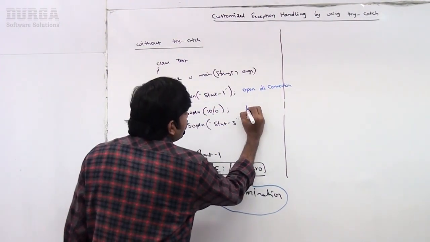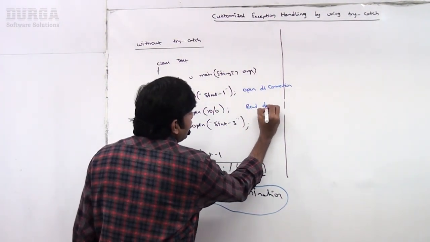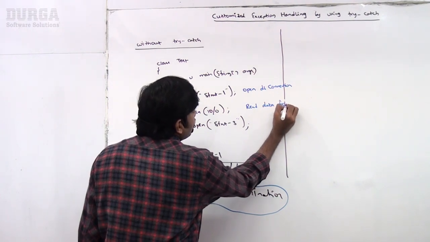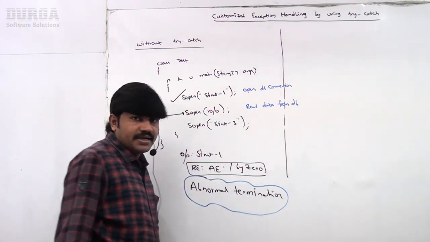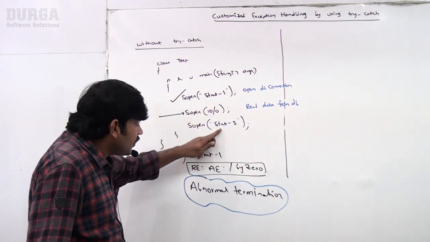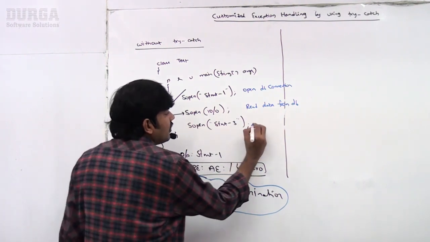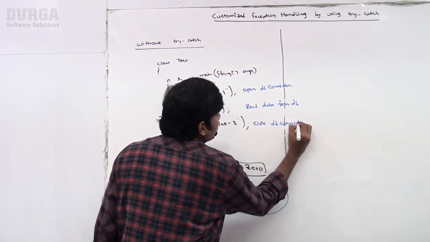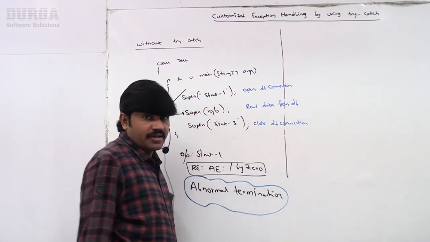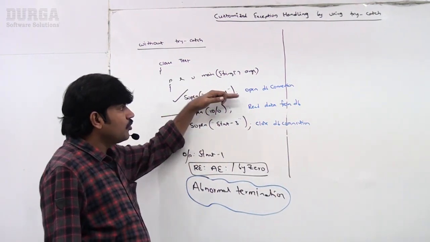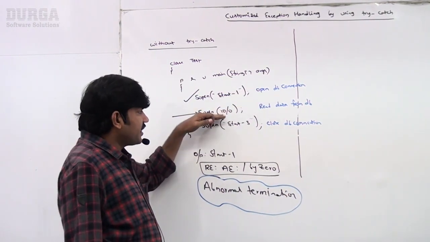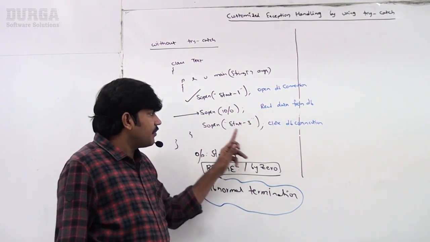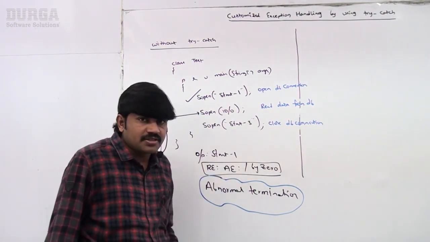Second line, read the data from the database. Third one, close DB connection.